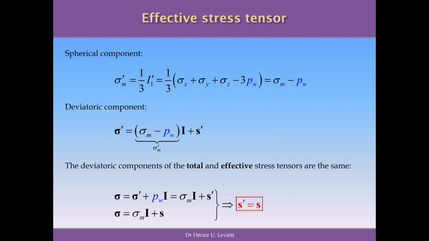So you don't change anything in terms of deviatoric components of your tensor when you apply the pore water pressure in your problem, because the pore water pressure is spherical, so it affects only the spherical component of your tensor. As a consequence, the deviatoric components of the total and effective stress are exactly the same, because you are affecting exclusively the spherical components of your tensor.